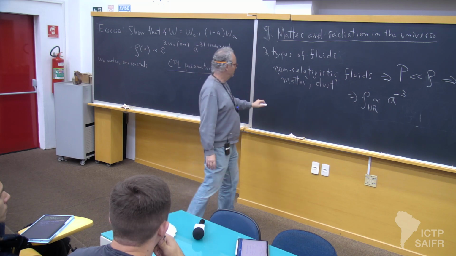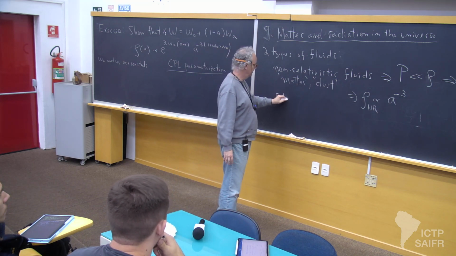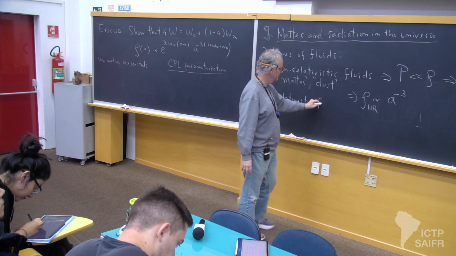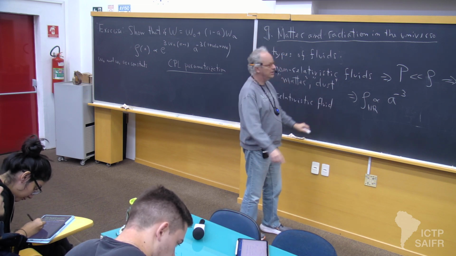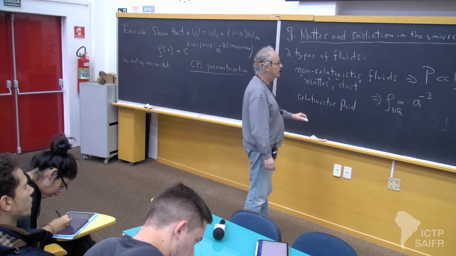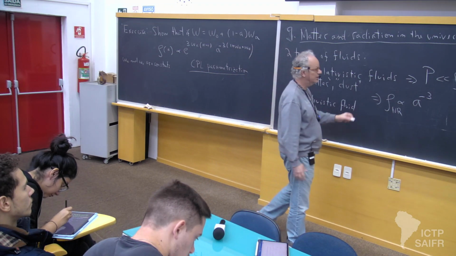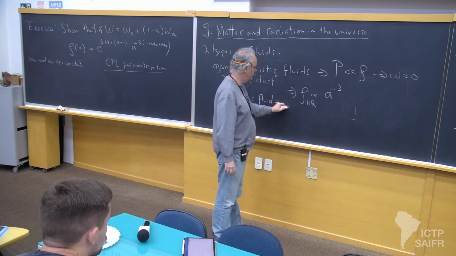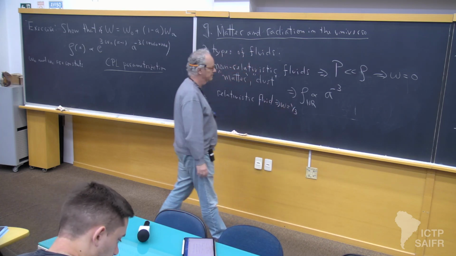So the other type of fluid is, of course, a relativistic fluid. And I just mentioned that for a relativistic fluid, the pressure is 1/3 of the energy density, which means that the equation of state is 1/3.